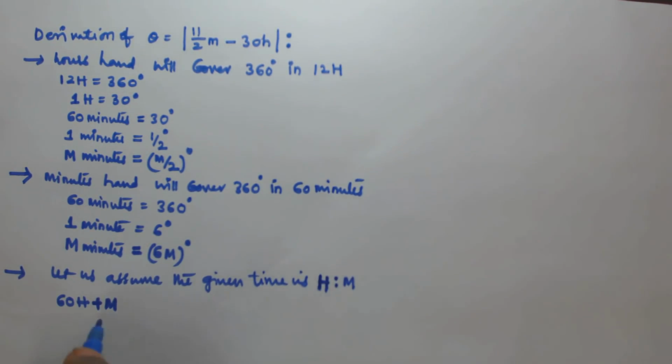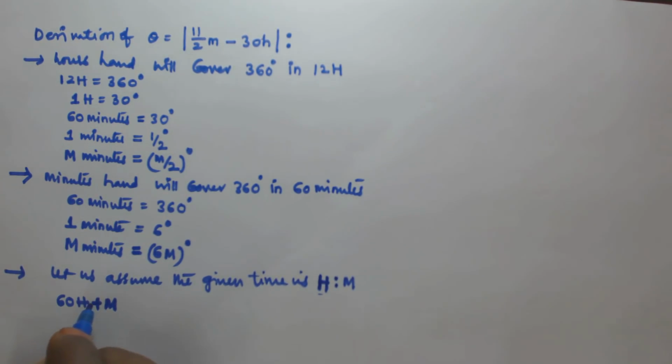But why am I extra writing this m? Because h hours converted into minutes is 60h, plus m. Why? Because when the time is h hours and m minutes, the hours hand is not always going to be exactly on 1 or 2 or 3 or 4. Sometimes it is in between 1 and 2, in between 2 and 3, and in between 3 and 4 also.